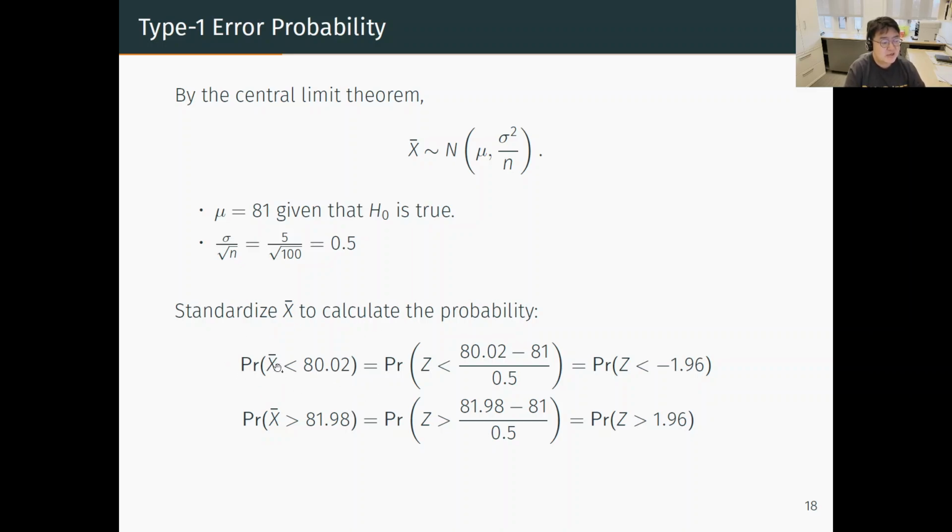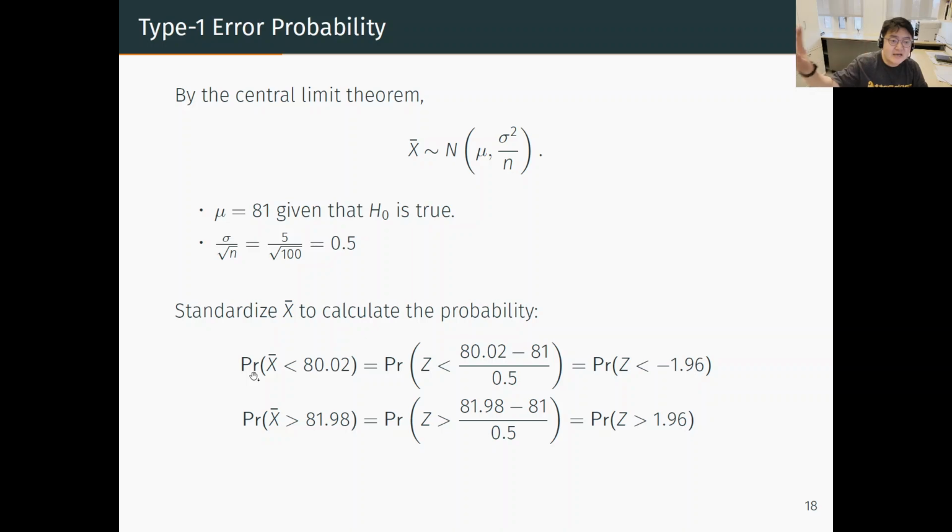So x bar smaller than 80.02 will be standardized to z smaller than 80.02 minus the true mean, 81, divided by standard error, 0.5. Okay, so if you do the math here, it's minus 1.96.